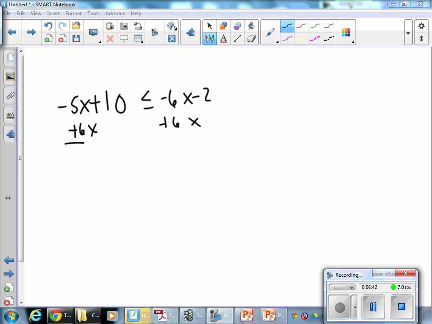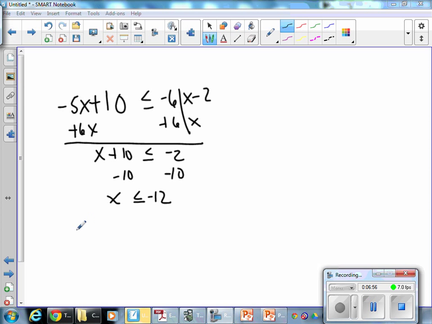So that gives me x plus 10 is less than or equal to, this cancels, negative 2. Subtract 10. I get x is less than or equal to negative 12. So on a number line, pick some point and make that point negative 12. Since it's less than or equal to, I'm going to put a bracket and we'll shade to the left.